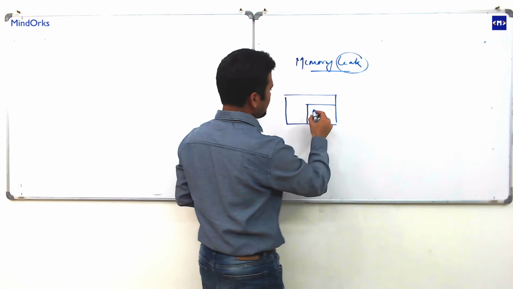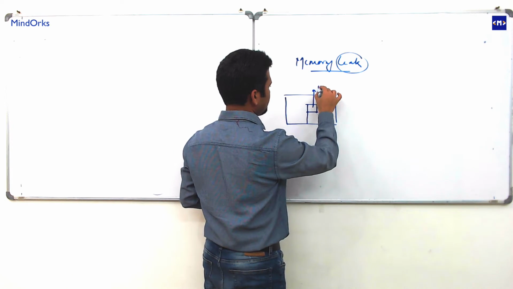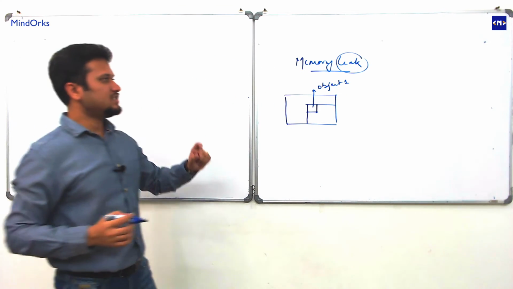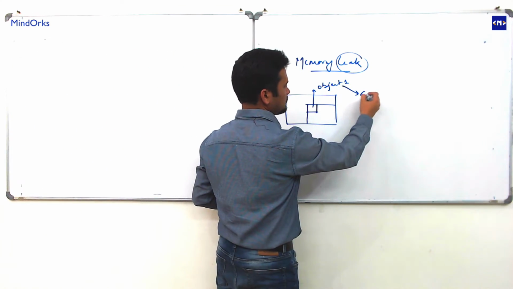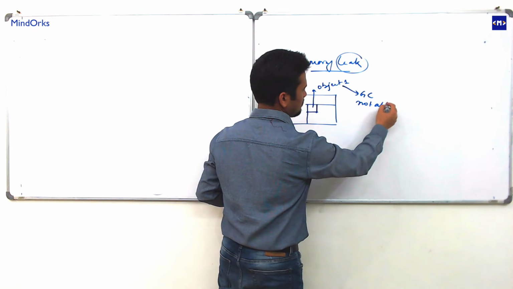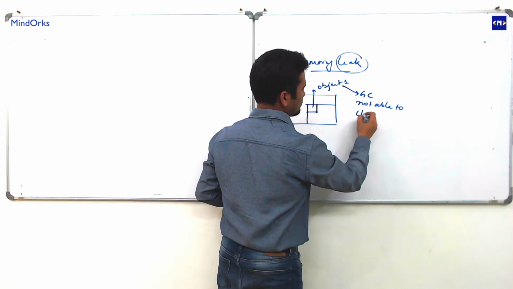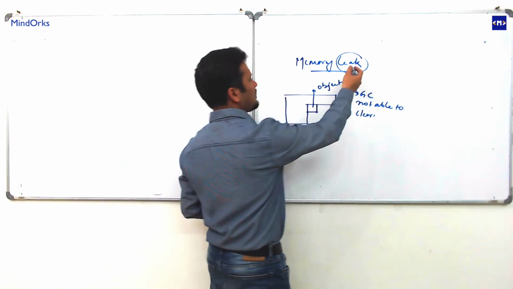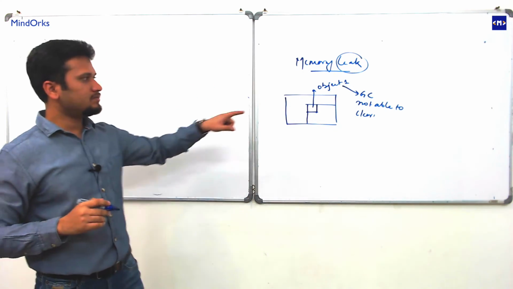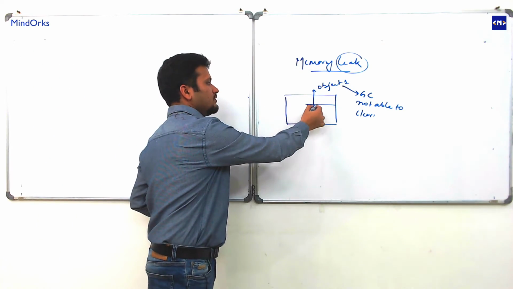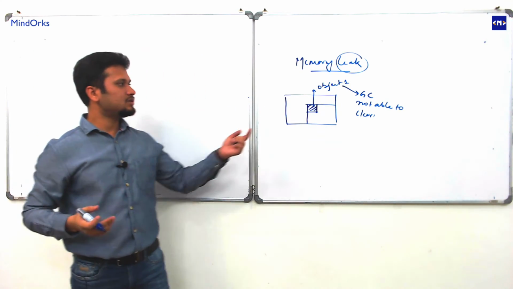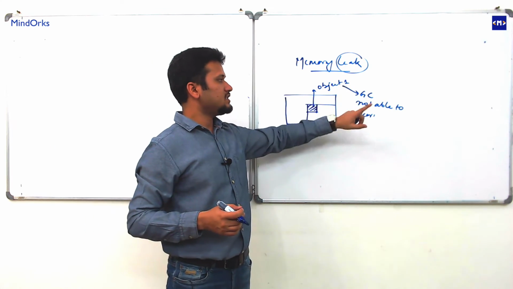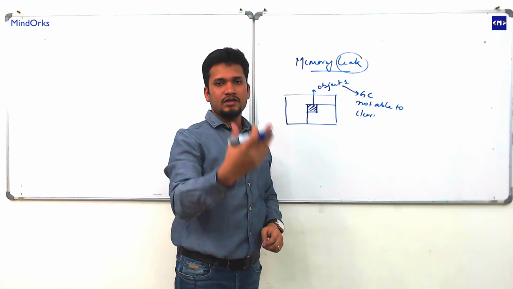Suppose there is object 1. If GC is not able to clear object 1, then it is called a leak, because this much space is now virtually not available to your application. So memory leak is basically GC's inability to reclaim it.